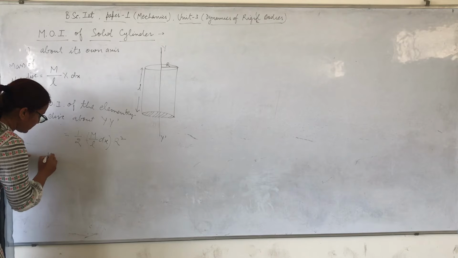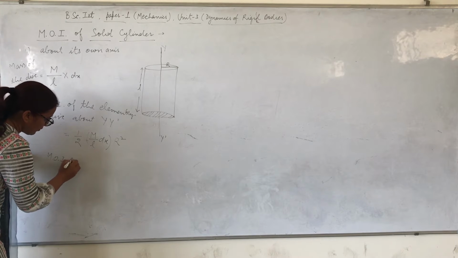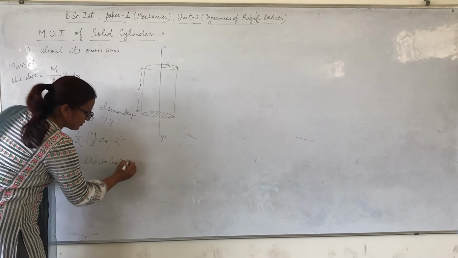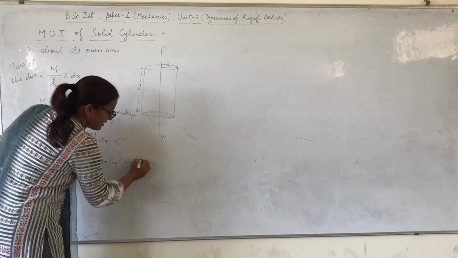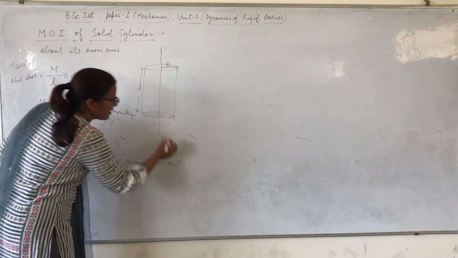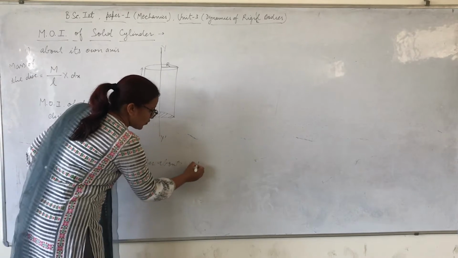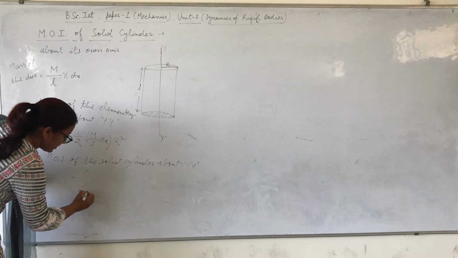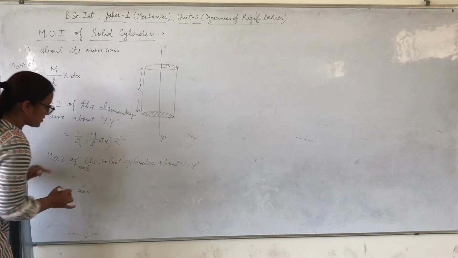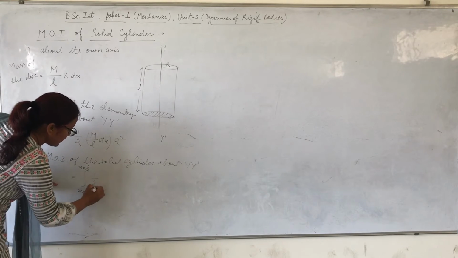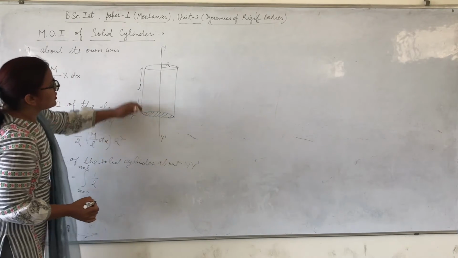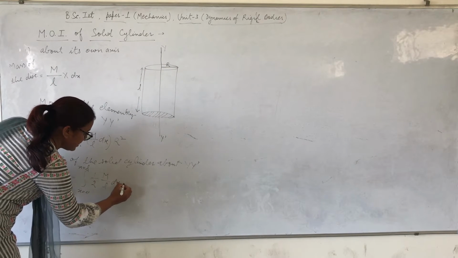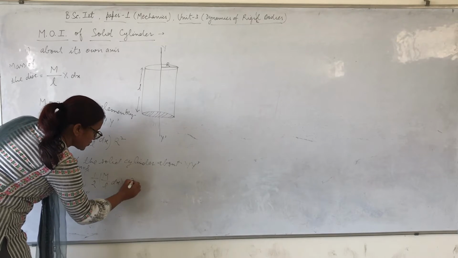So the moment of inertia of the solid cylinder about the given axis, that is y dash, is equal to the integration from x equal to 0 to x equal to L, as all the circular discs will be placed over the entire length, of M by L dx into r square.